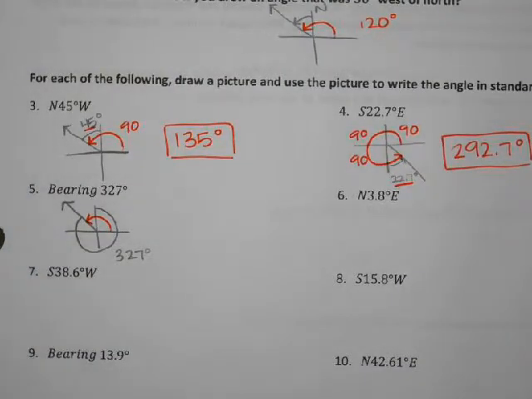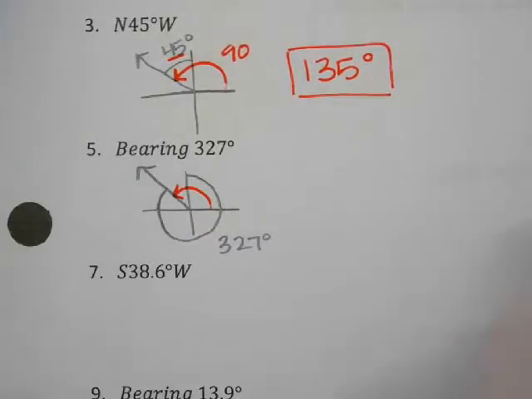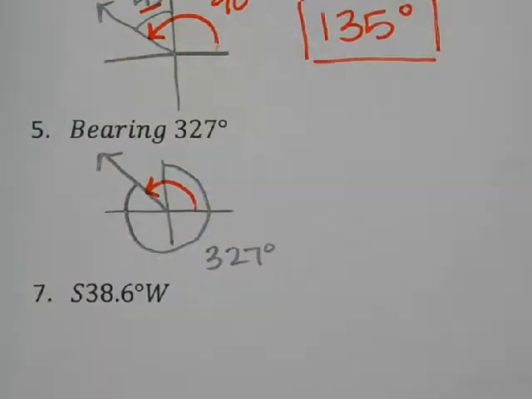So what would we have to do? Anyone have an idea? So the pencil part is 327. The red part is what we're trying to write.